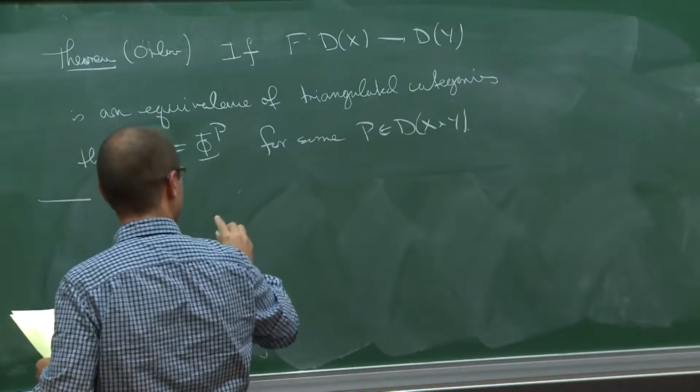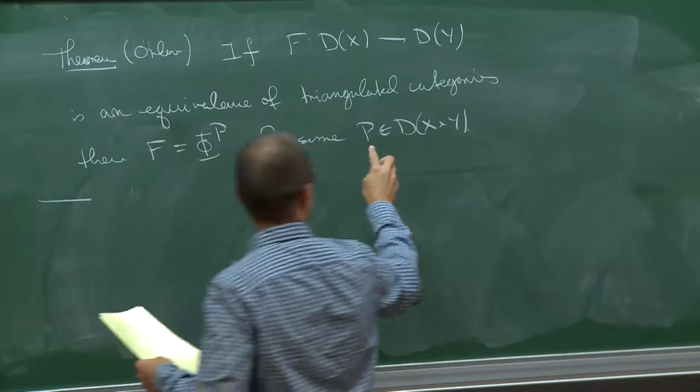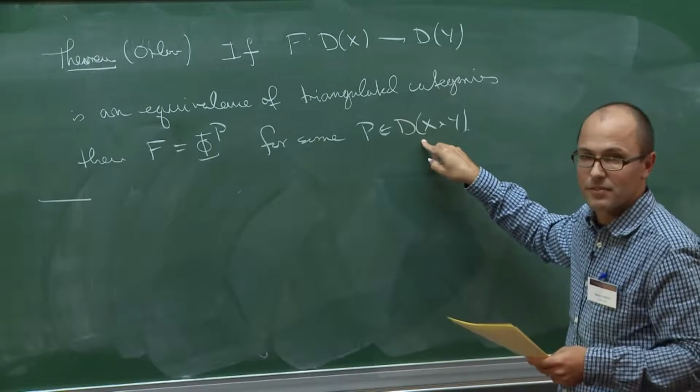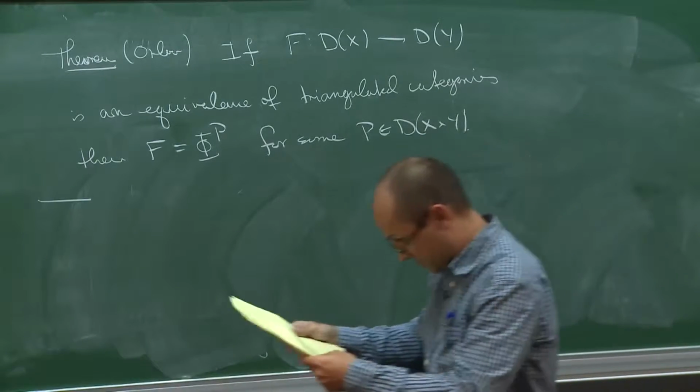How could you have a complex on the product? The most natural thing is to take Y to be a moduli space of sheaves on X, and then P to be the universal family.